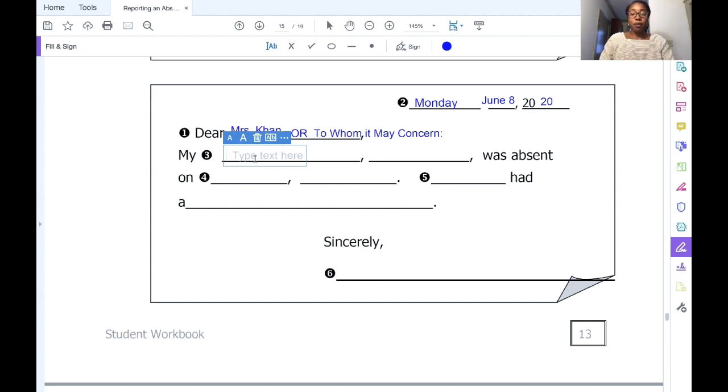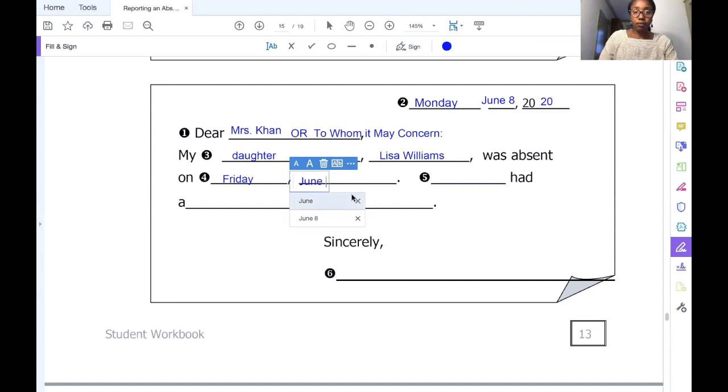So for this example, we'll say my daughter, full name, Lisa, we'll say Lisa Williams, was absent or did not attend school on, let's say, Friday, June 5th, 2020.